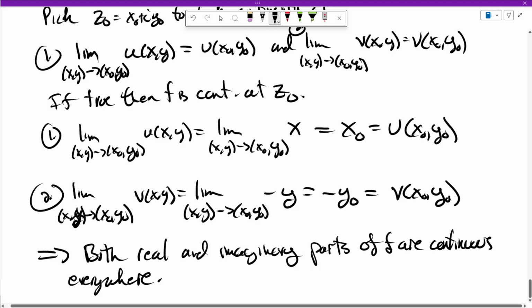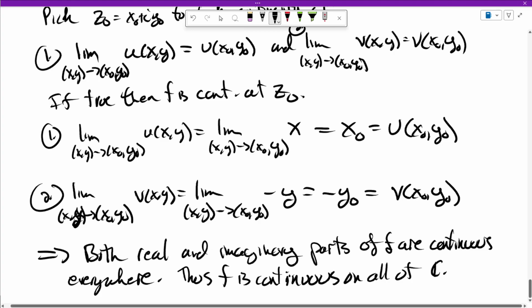So therefore, f is continuous everywhere, on all of C. So that's what everywhere means, on all of C. And that's how you go about using this theorem to check if a function is continuous.